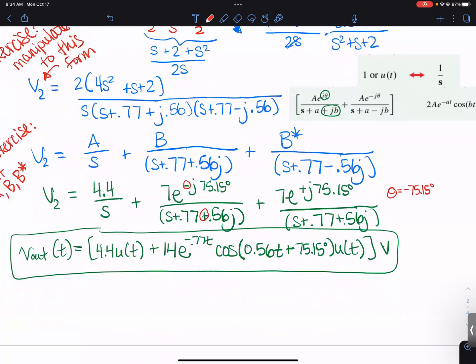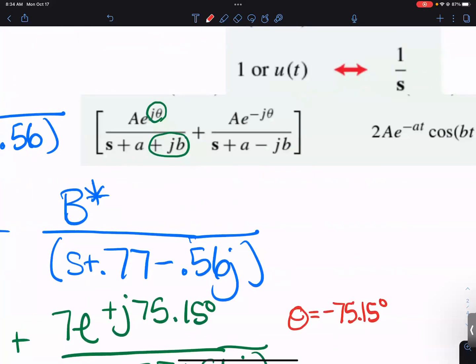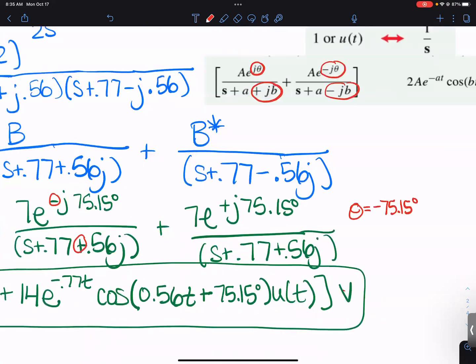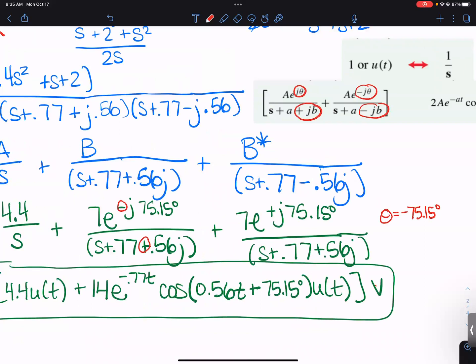So when I look at the form here, I have a plus theta and a plus JB, and then on this one, I have a negative theta and a negative JB. So when I look at mine, I have, oh, whoops, I miswrote this, sorry.